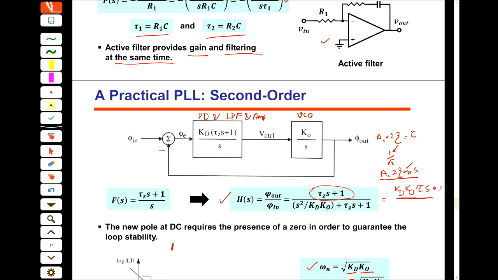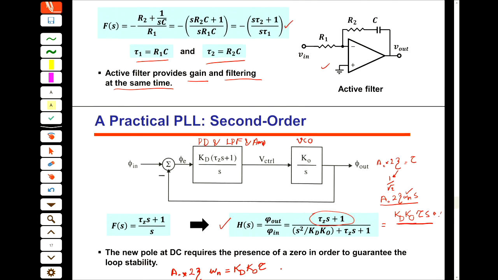A naught 2 zeta optimum, which is the square root of 2 omega n equals to KD KO tau. I'll tell you what's this tau.